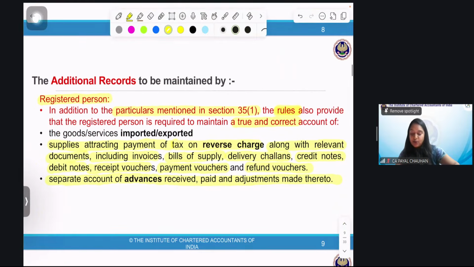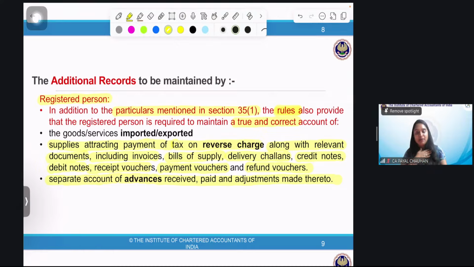Perfect. Okay, additional records. Now see, this is a section quiz. Whatever I have already maintained, I have to maintain. Along with that, since I'm a registered person, I have to maintain these books and records also. First of all, if I have paid any reverse charge tax, the question is to you people.